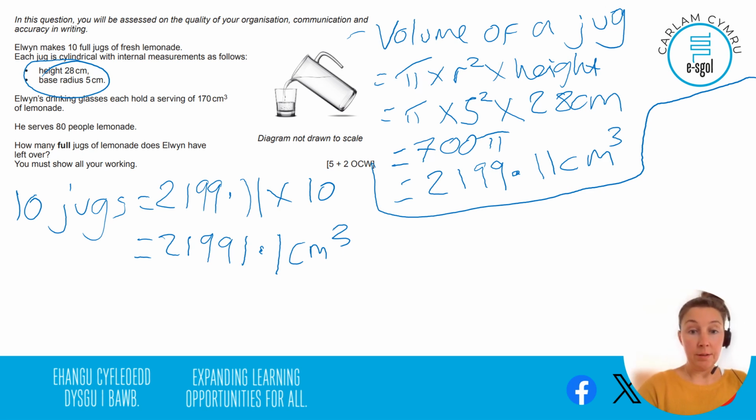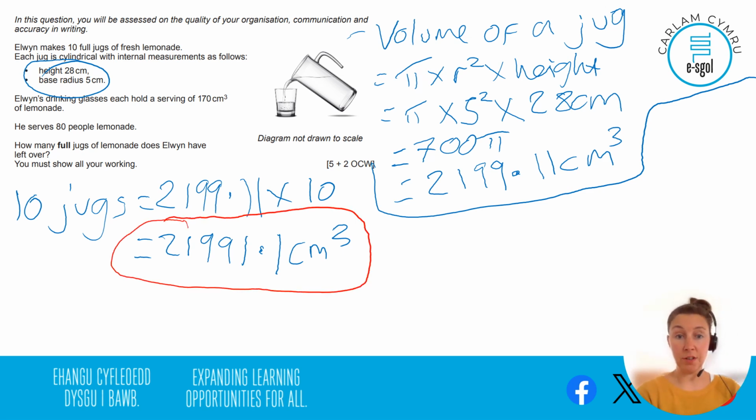So this is the number for 10 jugs you'll need to remember. But that's how you work it out. Work out 1 jug first and then times it by 10.